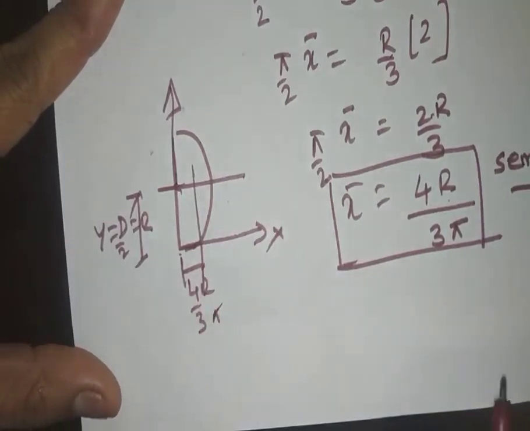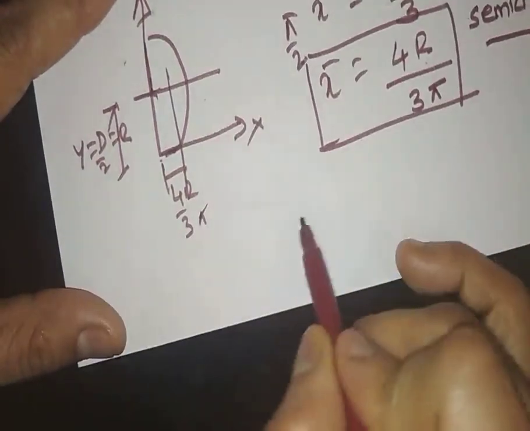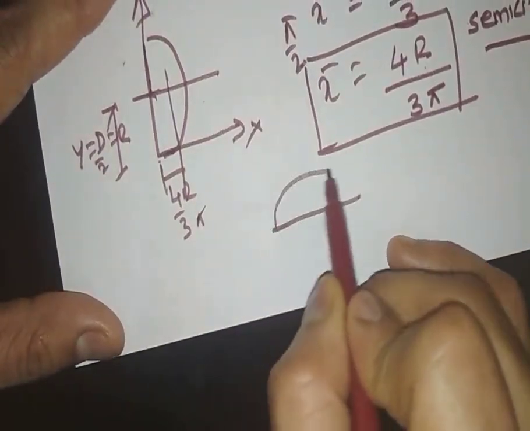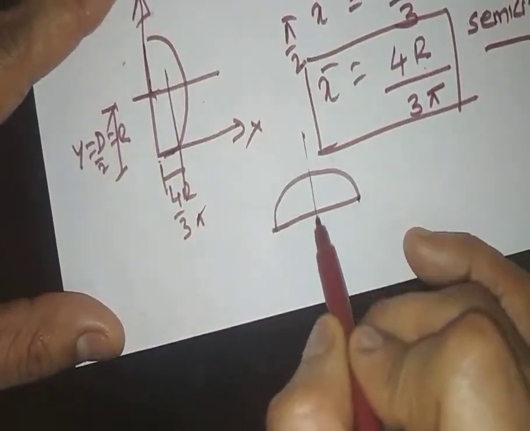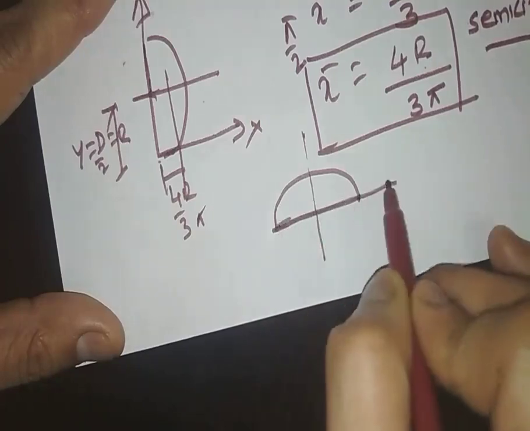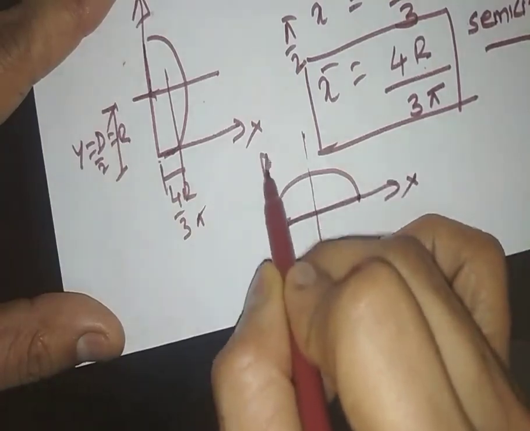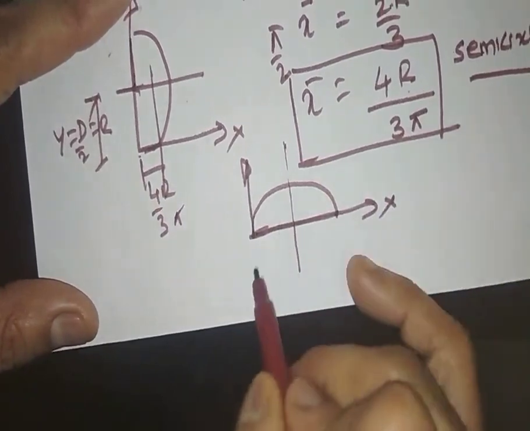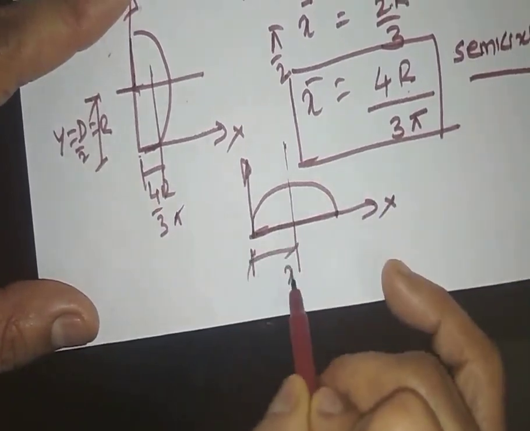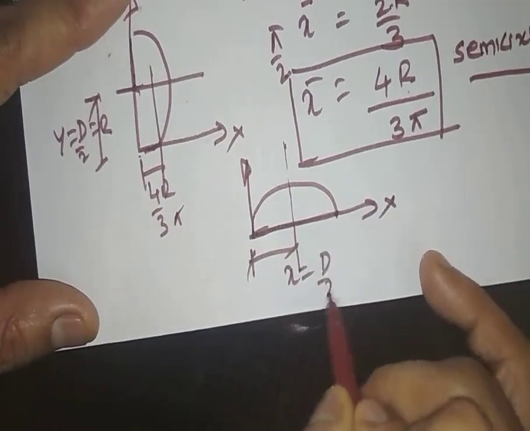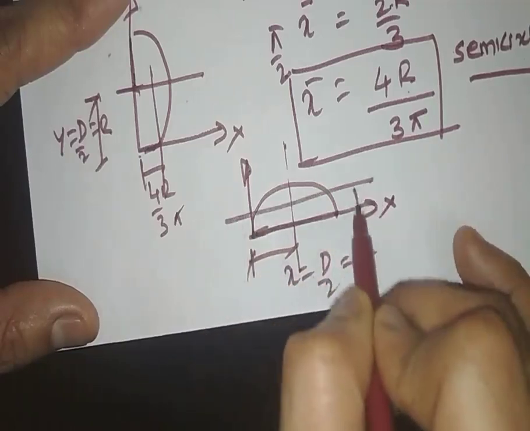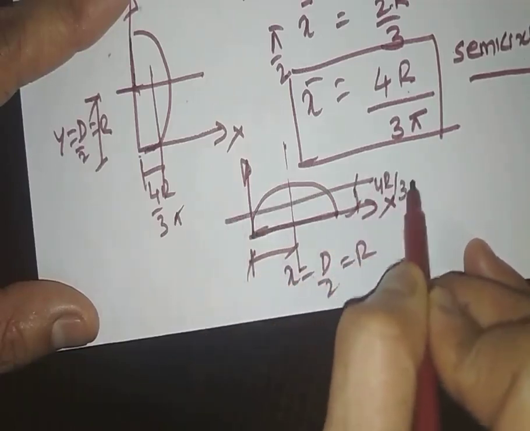Likewise, if the same semicircle is kept in the upright fashion, which indicates it is symmetric about y-axis, and the x-axis and y-axis have been placed at a faraway location, then x would be d by 2 or r and y would be 4r by 3 pi.